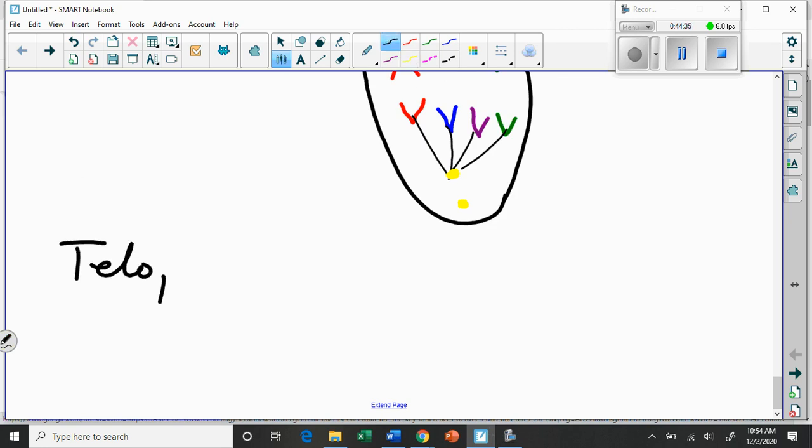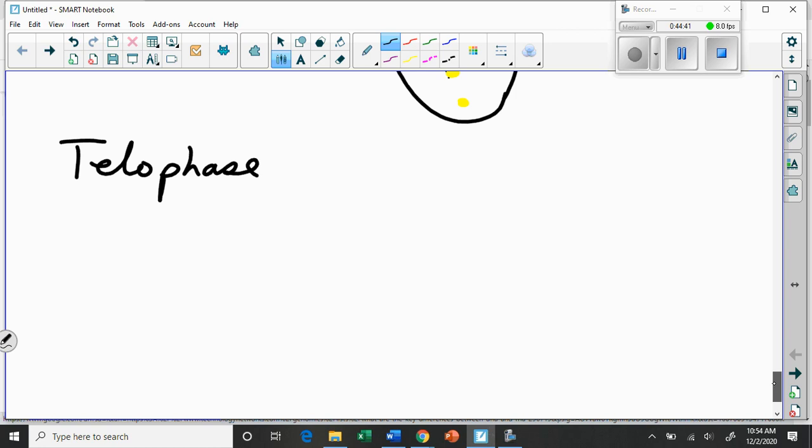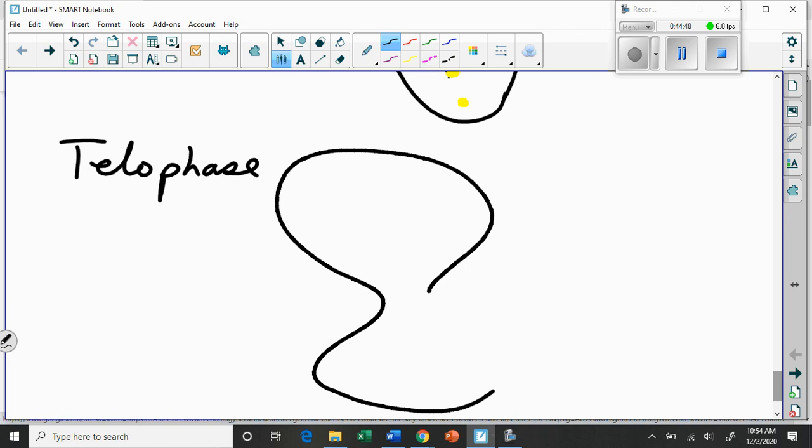In telophase, we have the cell now. I'm going to move down a bit because I need more room. I'll go back up if you want to finish the picture later. The cell then begins to take on this hourglass shape. The spindle fibers have done their job. They have pulled a copy of each of the chromosomes onto one side of the cell, like this.